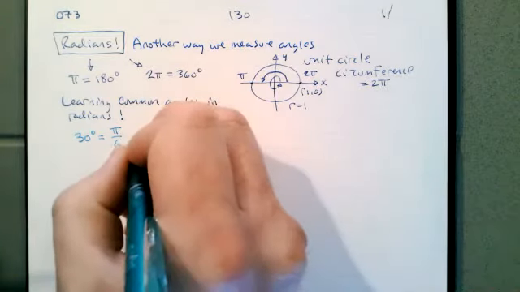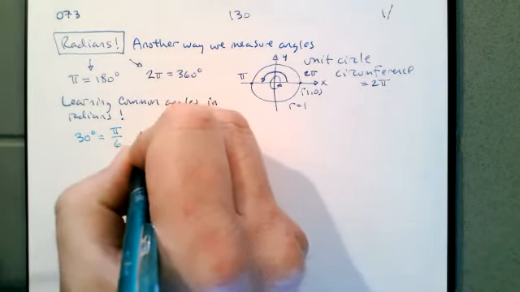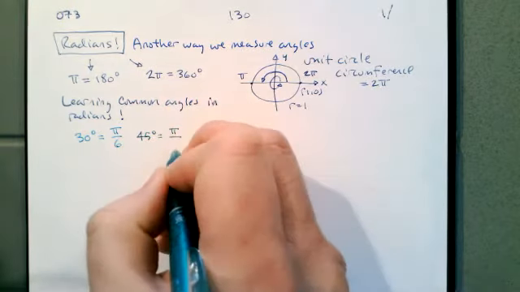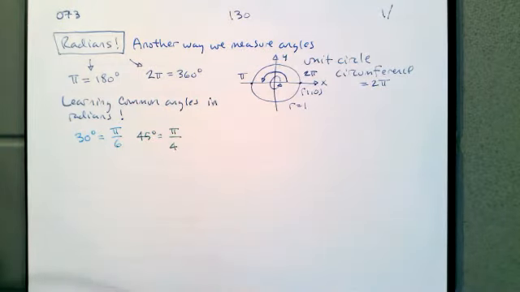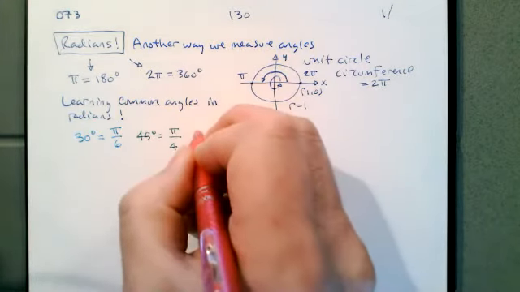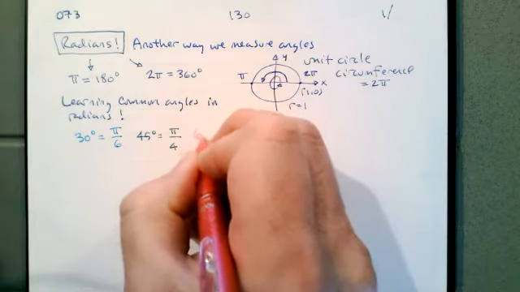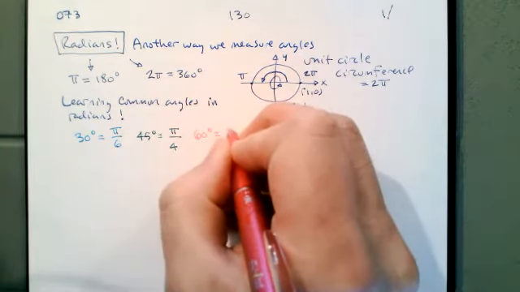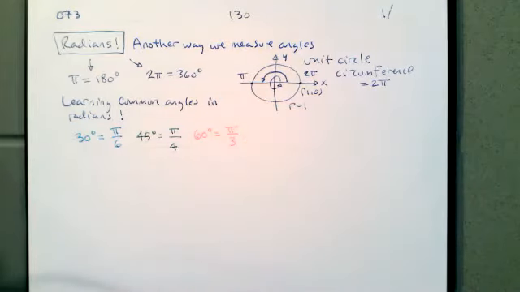45 degrees is 180 divided by 4. So 45 degrees is pi over 4 radians. And 60 degrees is pi over 3. Pi is 180. 180 divided by 3 is 60.